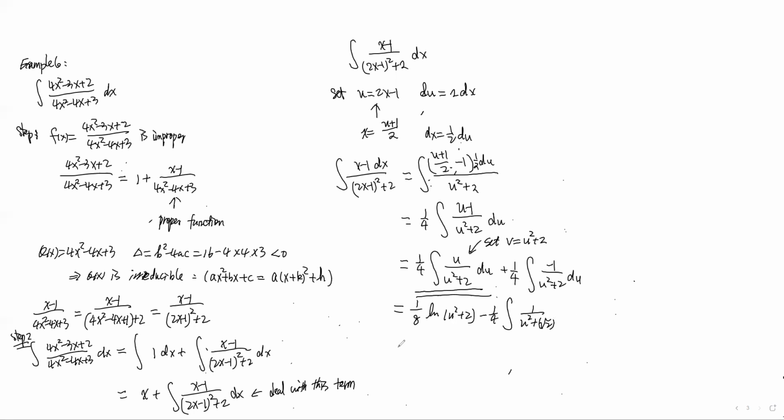So this is 1 over 8 ln(u squared plus 2), and then here, just the formula: minus half, 1 over square root of 2, arctangent of u over square root of 2, plus C. Then let's combine together and we will get the final solution.